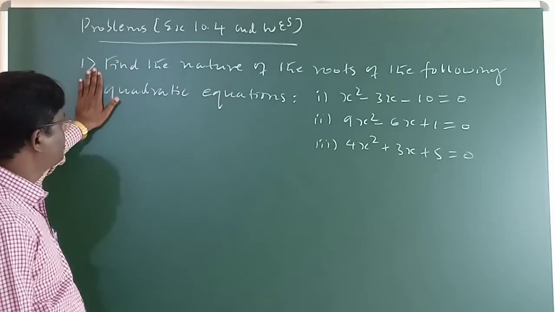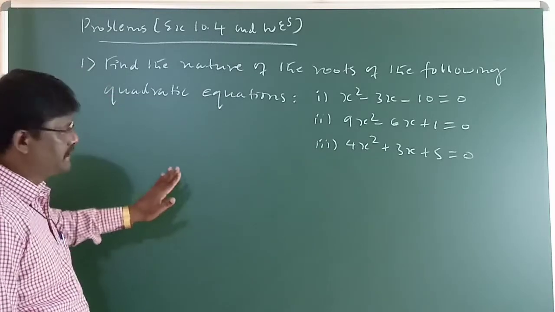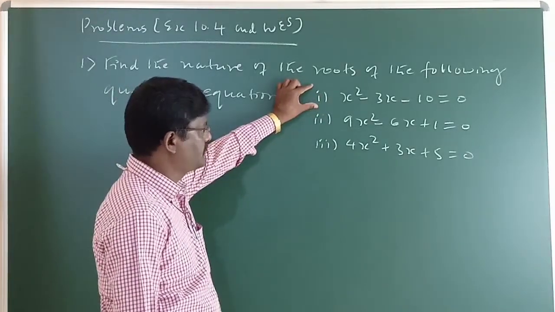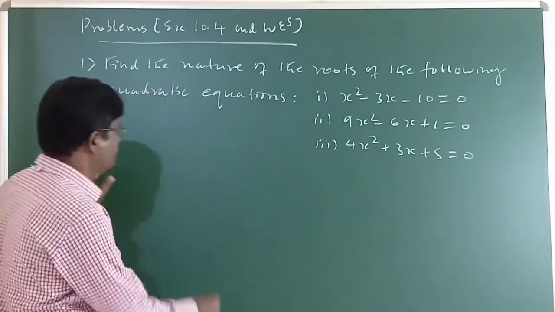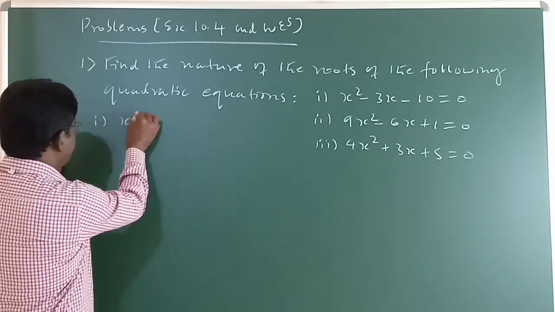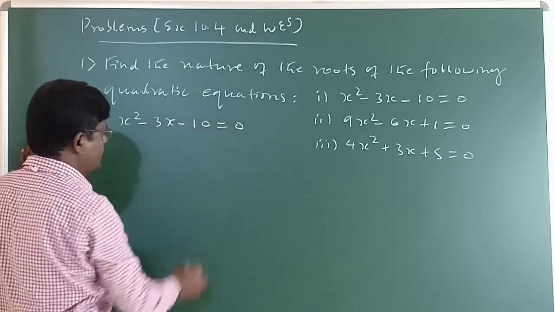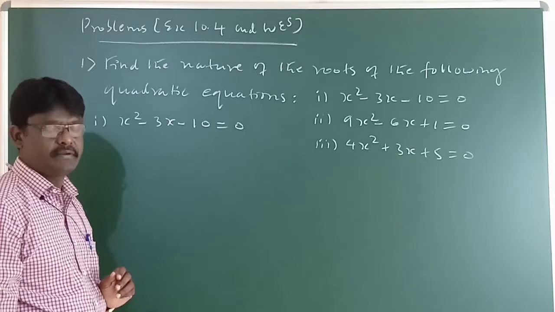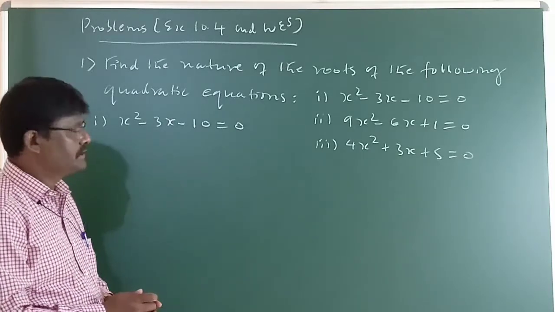First one, find the nature of the roots of the following quadratic equations. Now we shall take these three equations. Let us take the first one: x square minus 3x minus 10 equal to 0. Here we are asked to find the nature of the roots, not the roots.